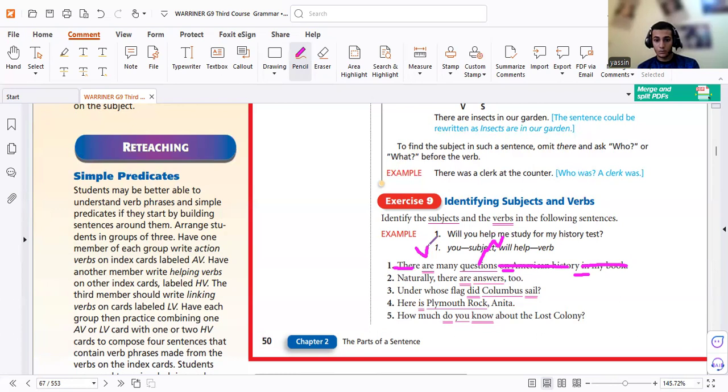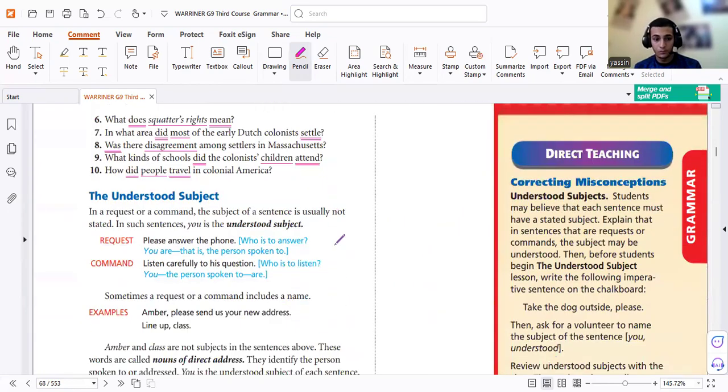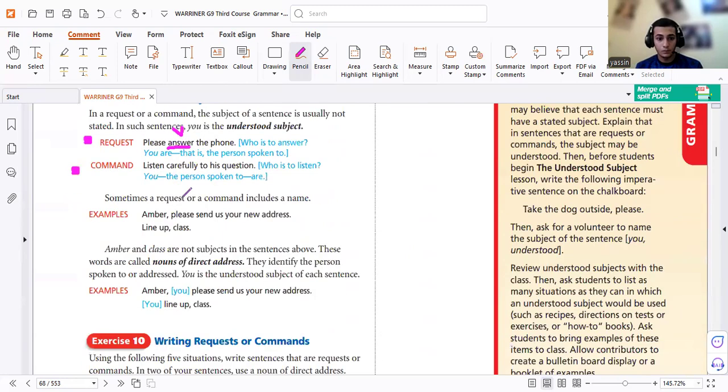Noun, verb: subject, verb. Very easy. Plural. Now, is it hard? Is it right? Yes. And here is a simple point: the understood subject if it's a request or command. I'm talking to you, so "you" is the subject and this is the verb. So it's a complete sentence already, very easy.